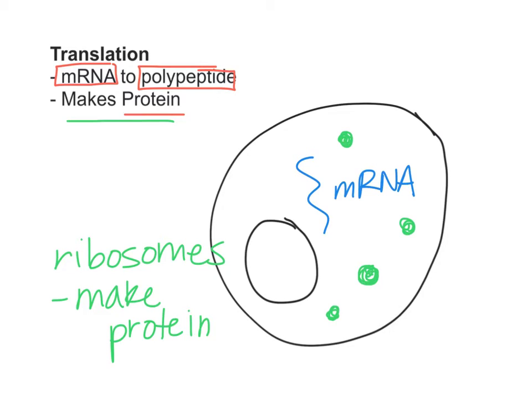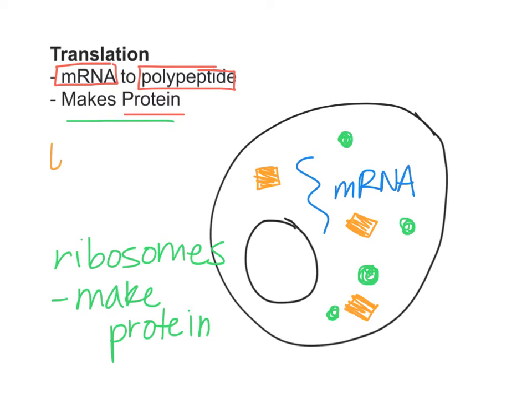You're also going to see another form of RNA called tRNA. And this tRNA is also floating around out in the cytoplasm. I'm just going to show it as like little boxes for now. We'll talk more about what tRNA is later.